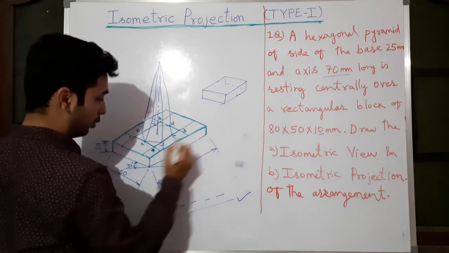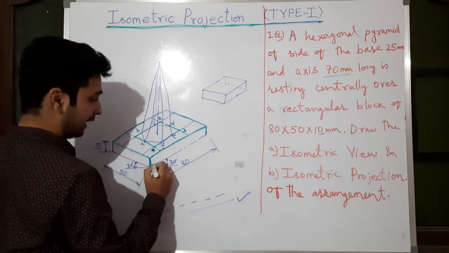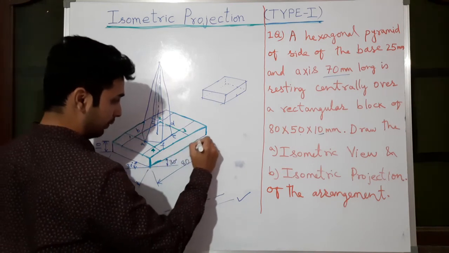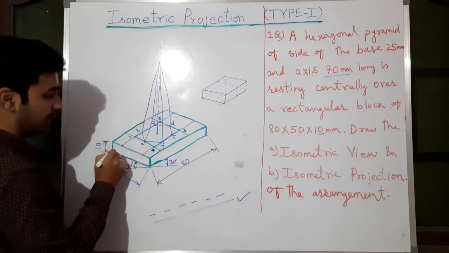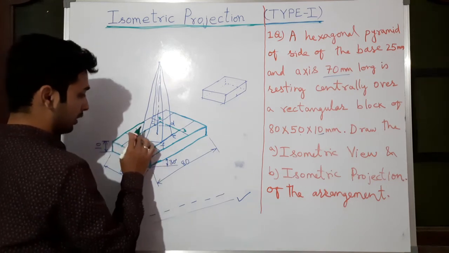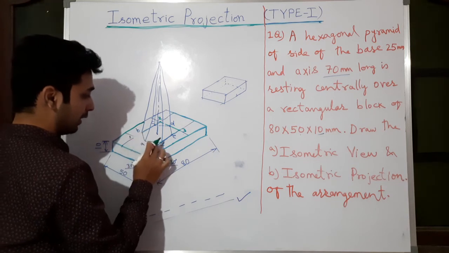So what is the trick to draw this? First draw the entire diagram in thin color only, then go for making the visible edges dark. So this box should be thin color.